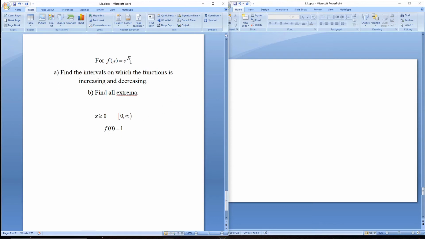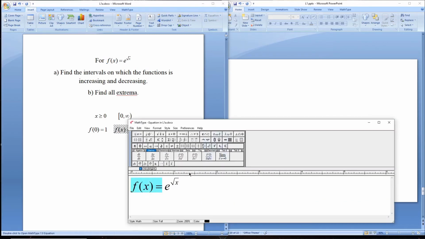And what about as x goes to infinity? Now we're dealing with infinity, which means we're going to have to take a limit. So we want to know what happens as this goes to infinity. Well, remember the square root is a forever increasing function. It does increase slowly, but it does increase forever, which means the exponent is getting larger and larger, which means this is blowing up to infinity.